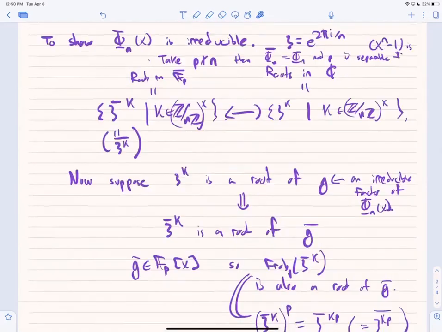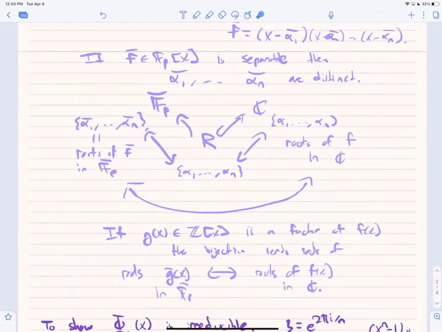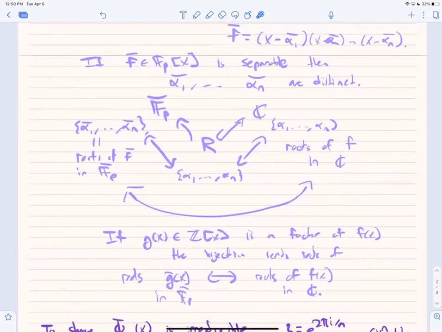So imagine trying to run this argument for a different polynomial. Everything I said in this light pink would be fine. You'd still get a bijection, for all the p where f bar is separable, between the roots over the complex numbers and the roots over F bar.